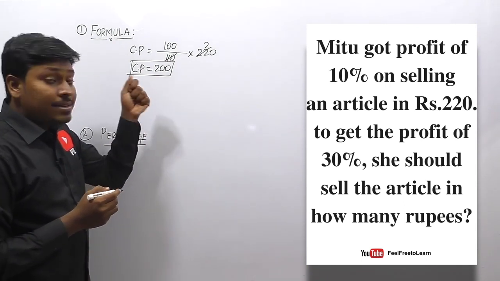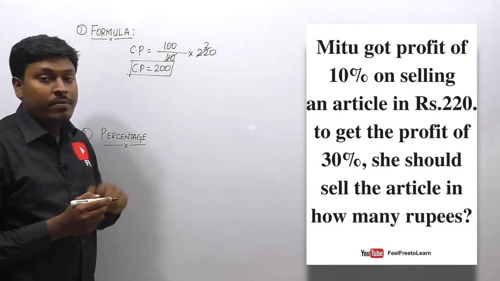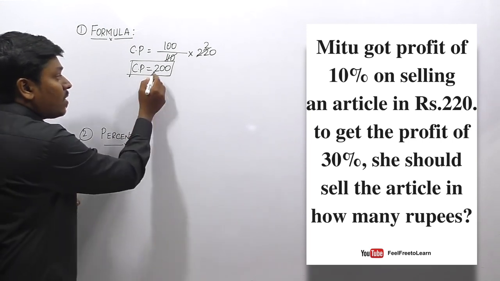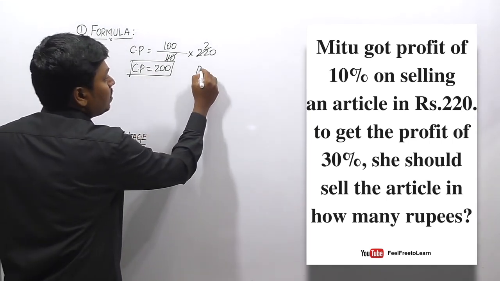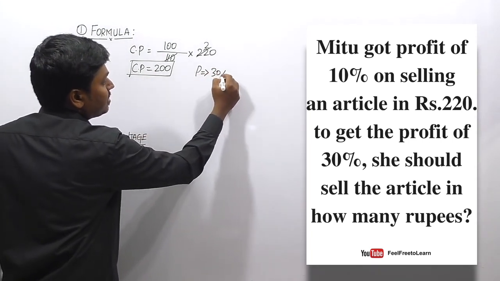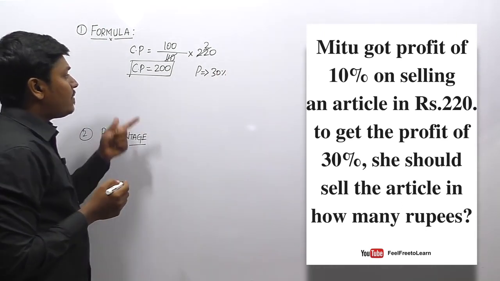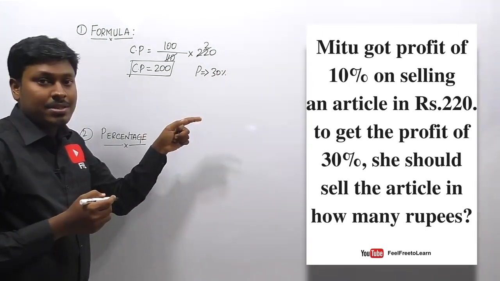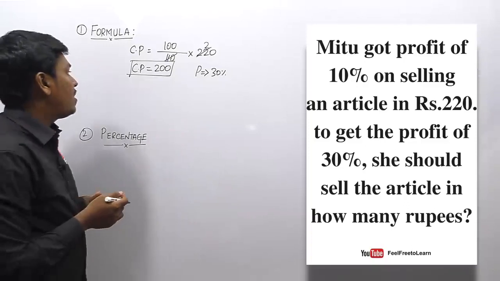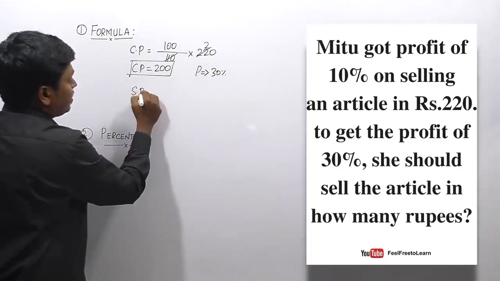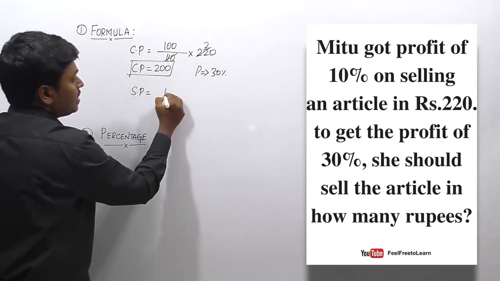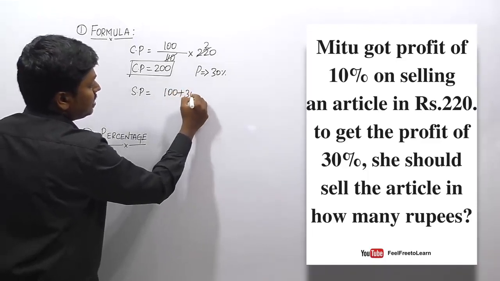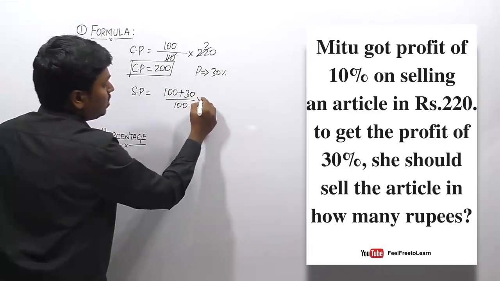Now he needs to sell this article to gain a profit of 30%. So the cost price will be 200 and the profit percentage should be 30%. We need to find what the amount should be if he sells the same article for 30% profit. So friends, selling price is equal to (100 plus profit percentage, that is 100 plus 30) divided by 100, into cost price.